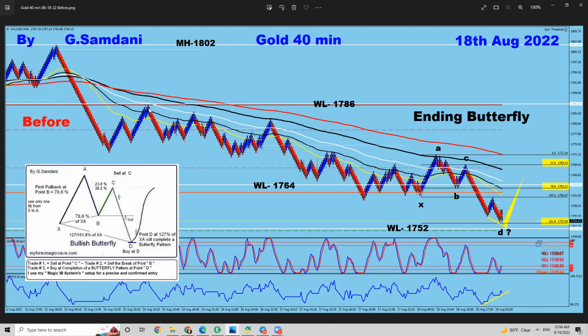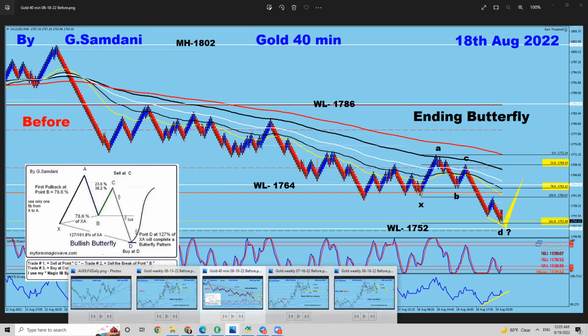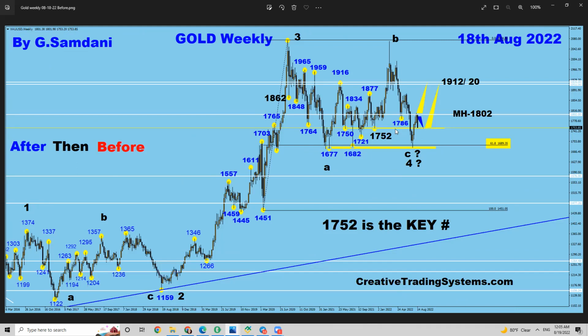Then we went up and tested it, and then it started dropping all the way to 1764. Let's take a look. 1764 is right there. So 1786 to 1764.